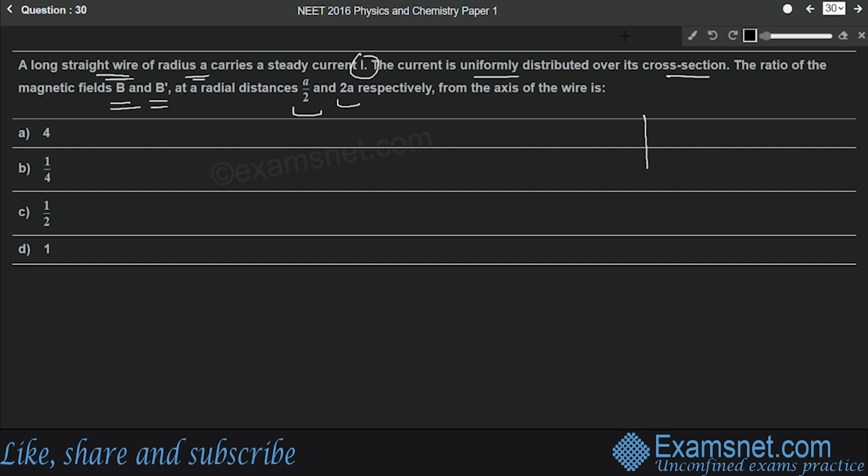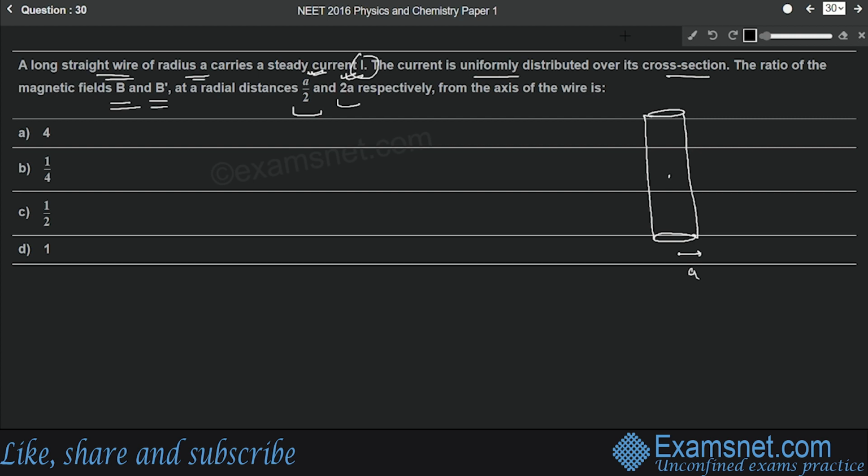So according to the question, we have a long straight wire like this. Suppose this is the wire. The radius of this wire is equal to A. Right now there are 2 points at a distance A by 2 and 2A, and at these 2 points we have to find the magnetic fields, and then we have to find the ratio of the magnetic fields. Okay, so the first point is at a distance A by 2.